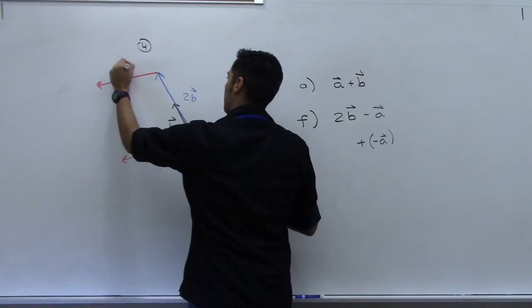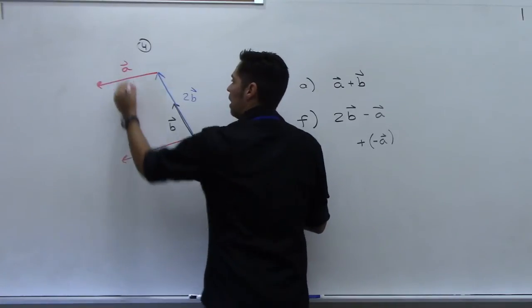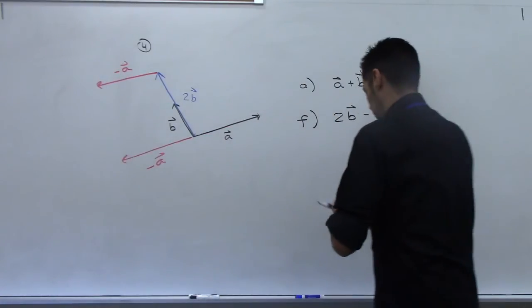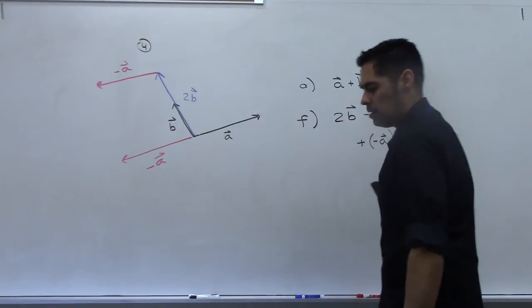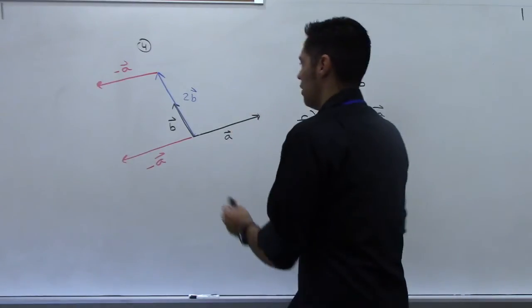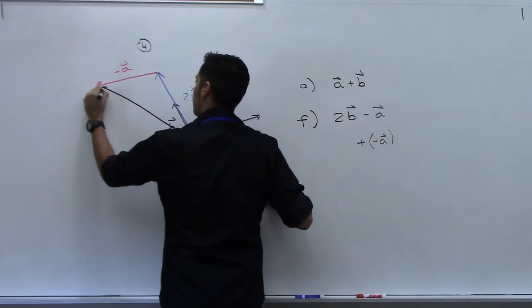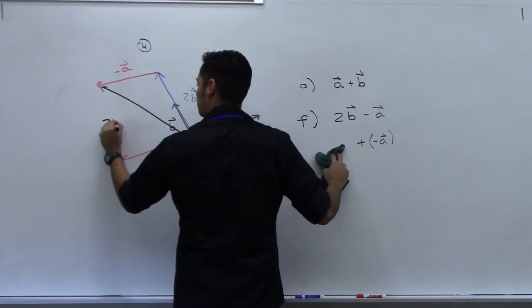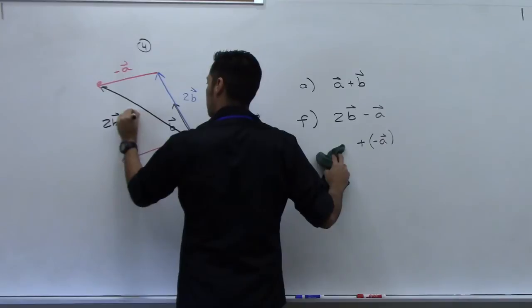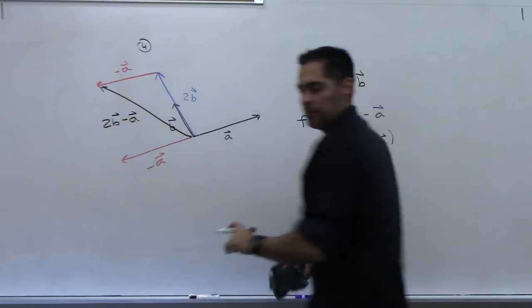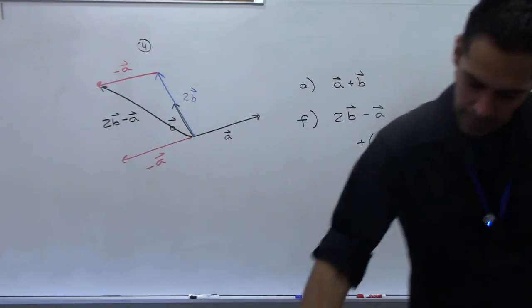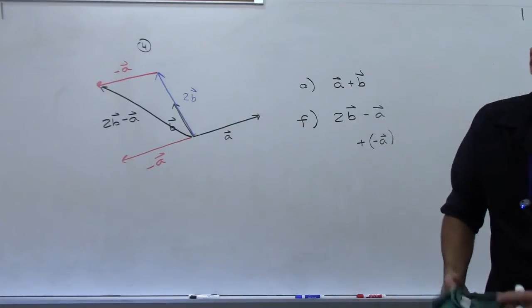Sorry, that's negative A. I forgot to put negative A. And so the result, when it's all said and done, is this vector right here. You start here, you end up here. That is 2B minus A. This one right here. All right, let's move on to number 5.